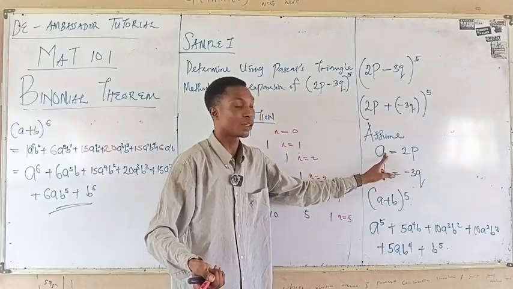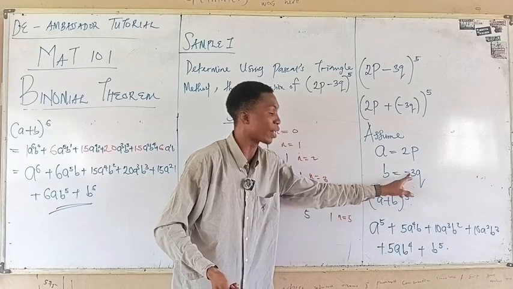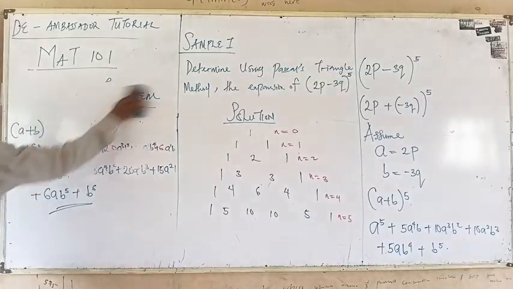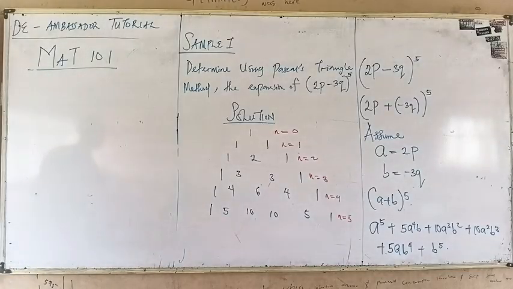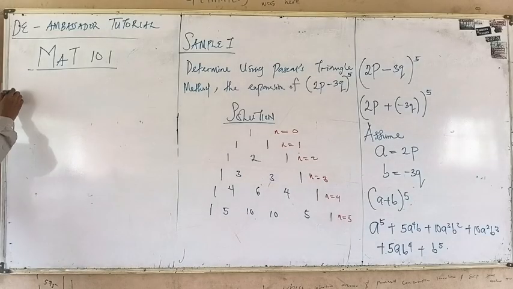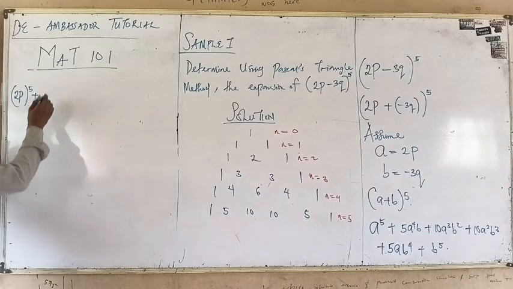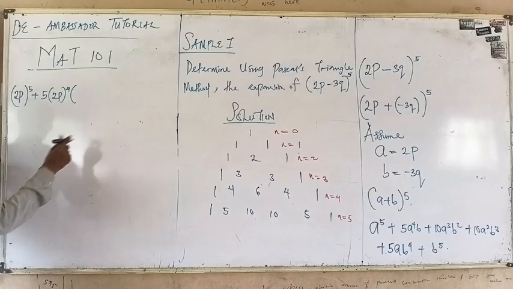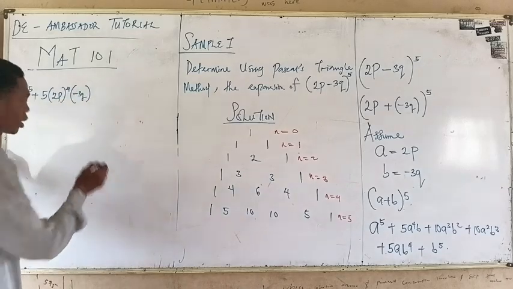The value of A, which is 2p, and the value of B, which is −3q. Now my A at that side is 2p. So here is (2p) in the power of 5, plus 5, then A is again 2p in the power of 4, then B is −3q. The next one, 10.